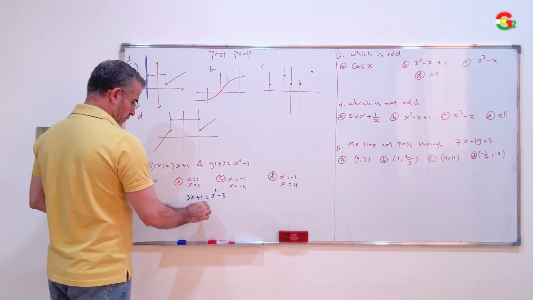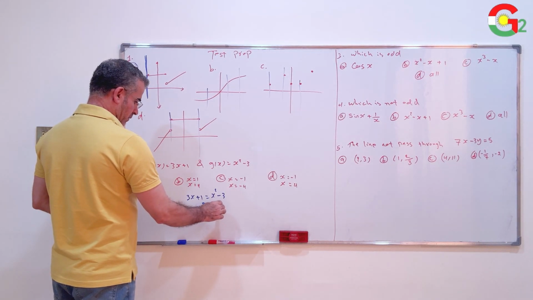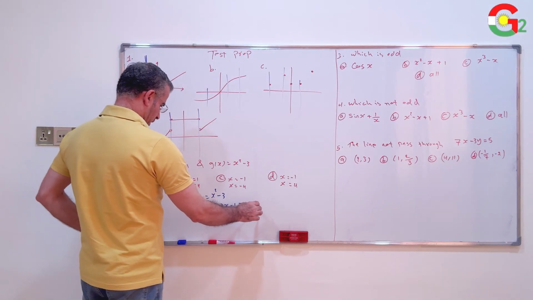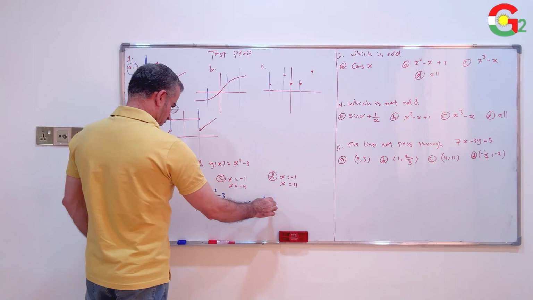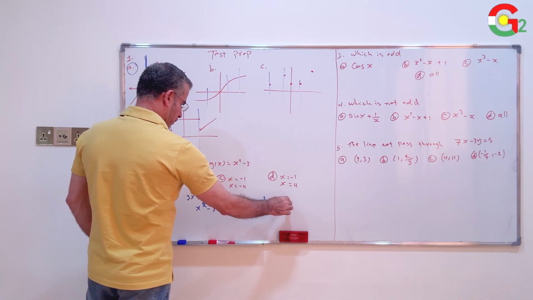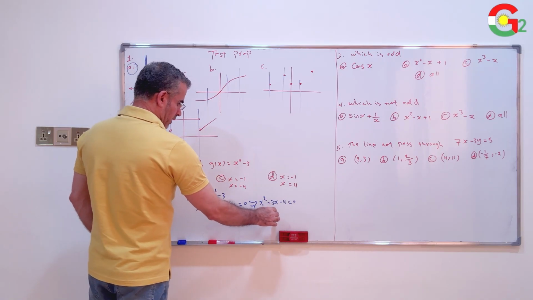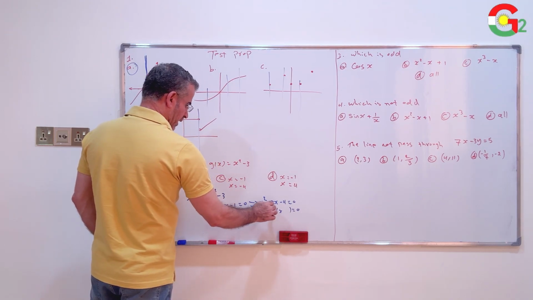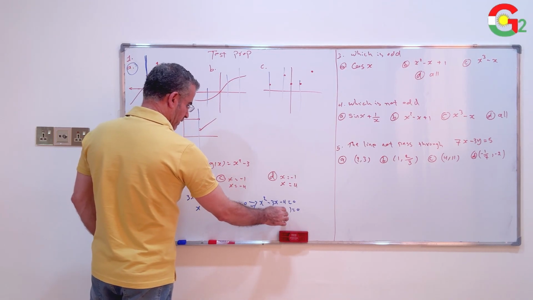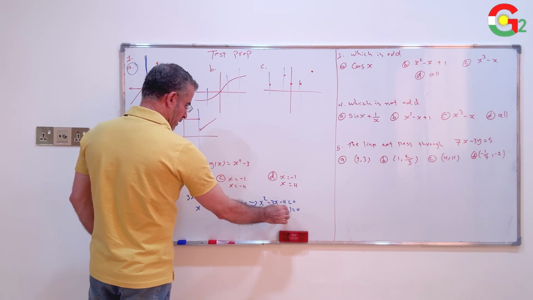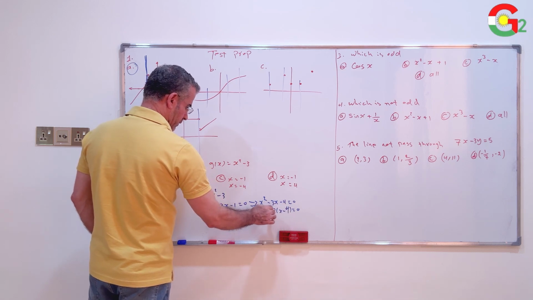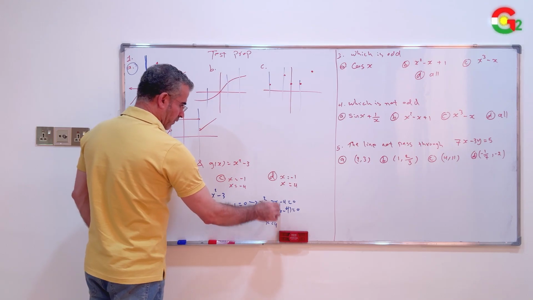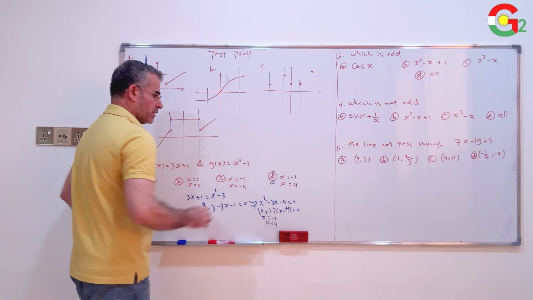Then x squared minus 3 minus 3x minus 1 equals 0. Then x squared minus 3x minus 4 equals 0. By factoring, negative 4 and positive 1, negative 3: then x equals negative 1 and x equals 4. Choice D.